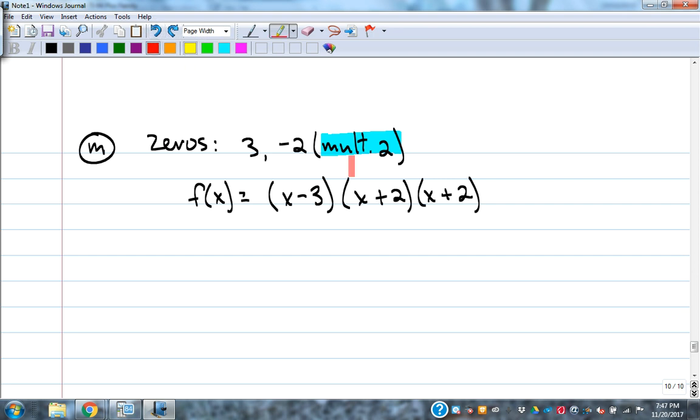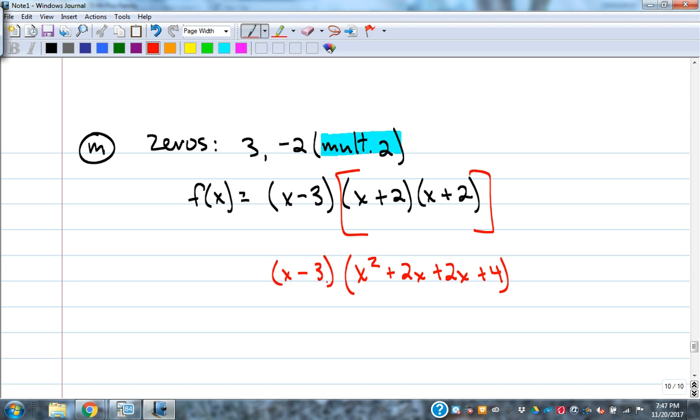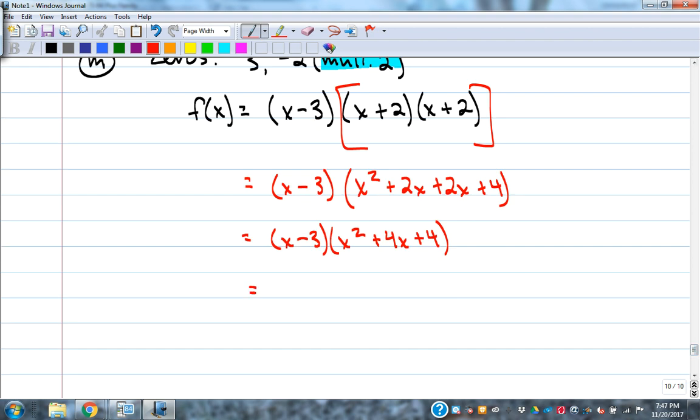So I'm going to multiply. I'm a right to left kind of person on this stuff. I usually work with those two and then multiply the one that's in the front last. So that's going to give me x squared plus 2x plus 2x plus 4. We got the x minus 3. It's x squared plus 4x plus 4. Distribute again. X cubed, 4x squared, 4x, and then I'm distributing negative 3.